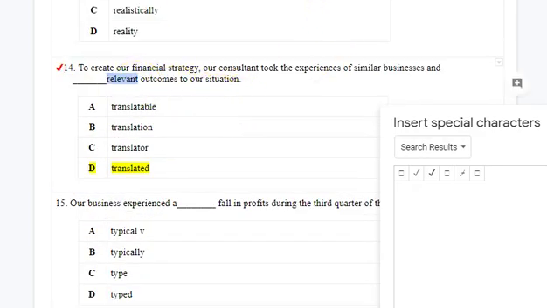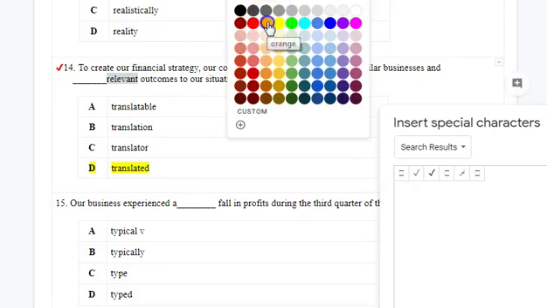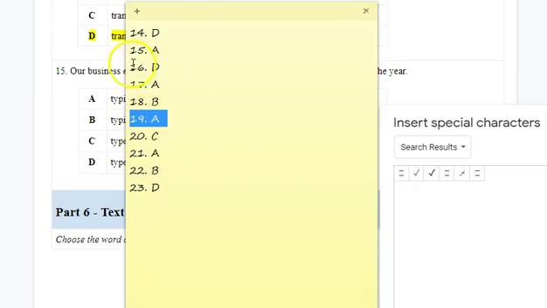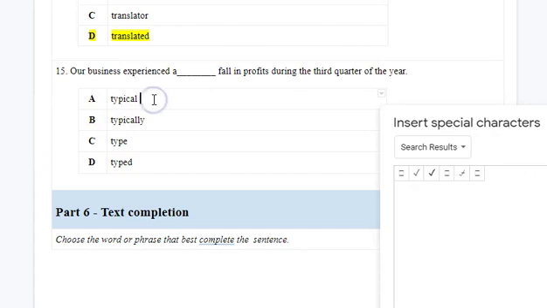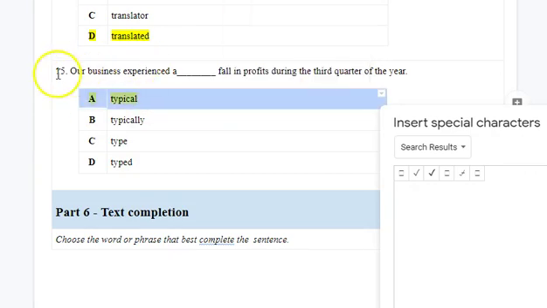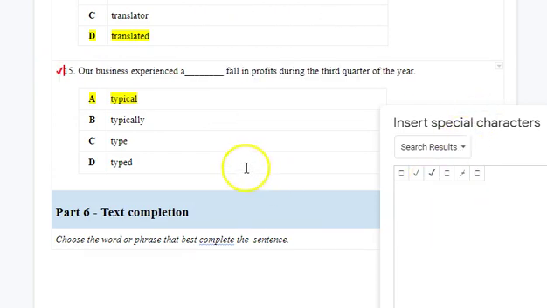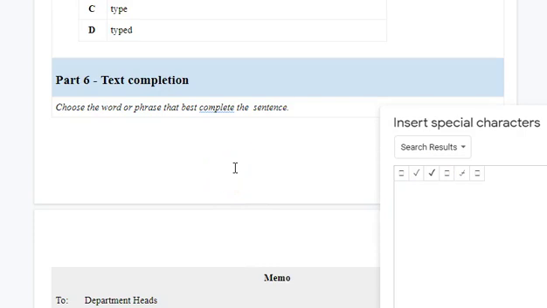Relevant. Okay. So number 15. Our business experienced a typical fall in profits during the third quarter of the year. Okay, thank you. So part 6, text completion.